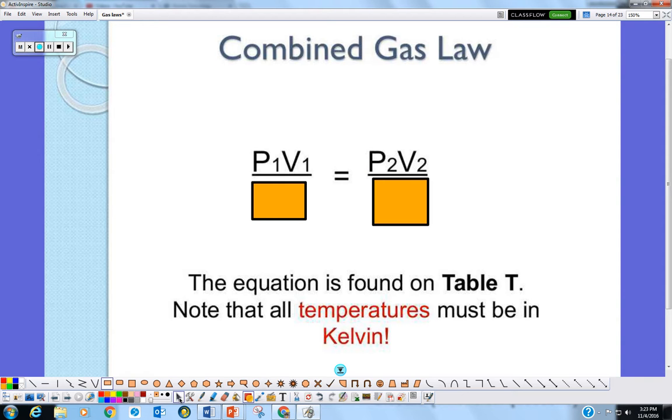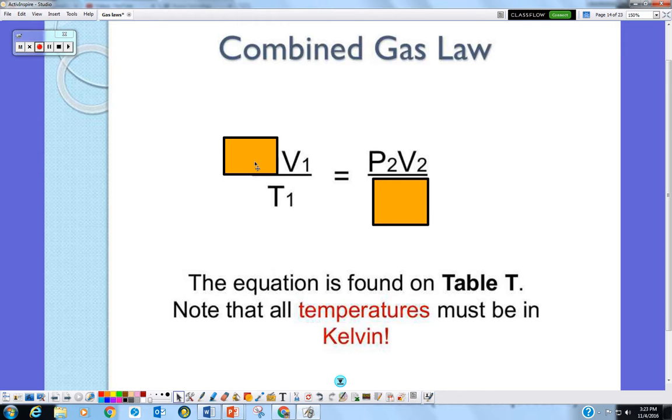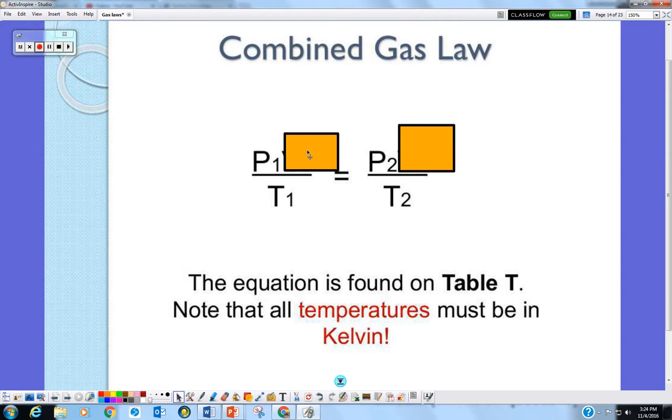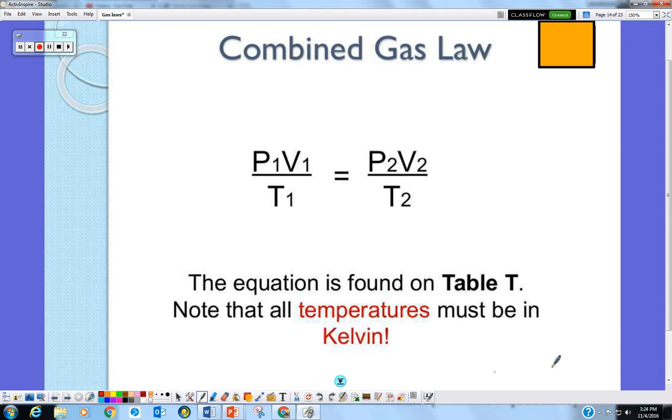If we were to hold pressure constant, you have V1 over T1 equals V2 over T2, which is Charles's law. If we hold volume constant, then we have P1 over T1 equals P2 over T2, which is Lussac's law. So this combined gas law, all it does is incorporate all three of those into one.